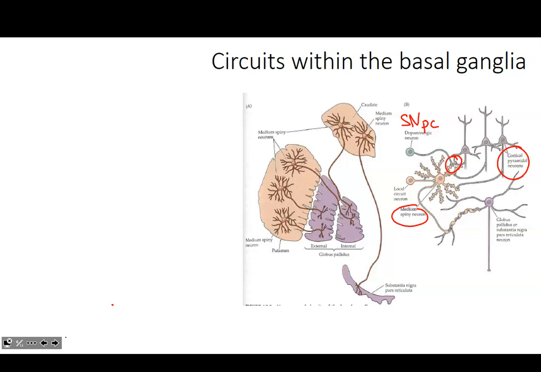All right, so let's look at those basal ganglia projections to other brain regions. So within the basal ganglia, right, the medium spiny neurons of the striatum synapse, boy, I butchered that.